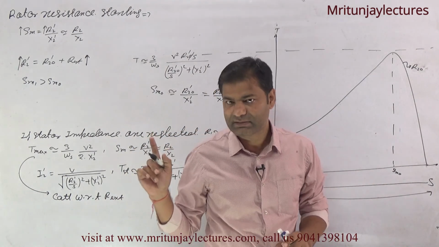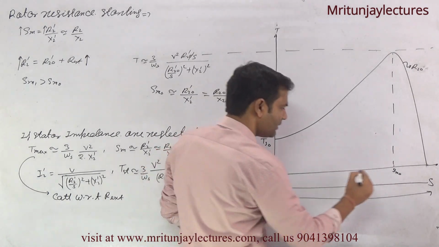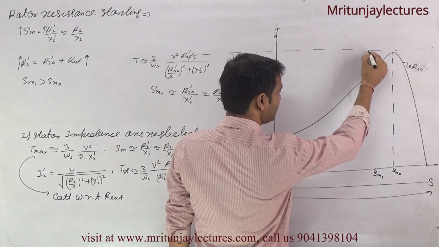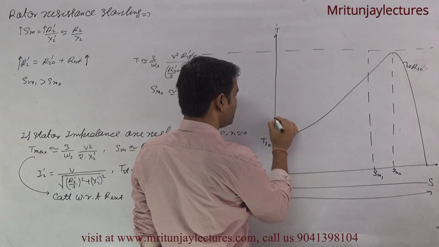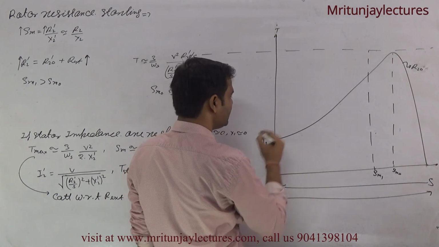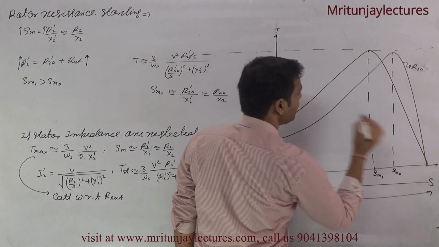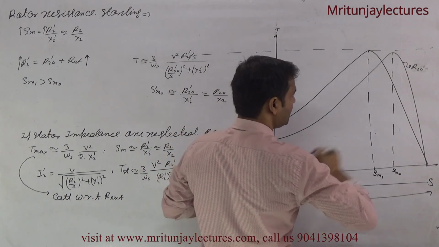SM1 is greater than SM0, so SM1 is like this. After external resistance is added, the torque speed characteristic is like this. Clear?